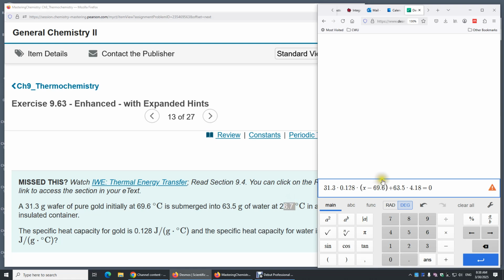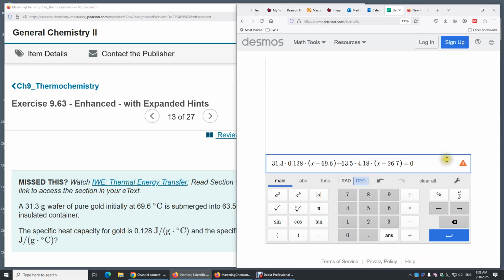Alright, so we'll see. This X is the final temperature of both gold and water. Alright, we have the equation. I don't think it can be solved this way, but let's try it. It's alright. We will just rearrange this equation and eventually we'll be able to solve it.